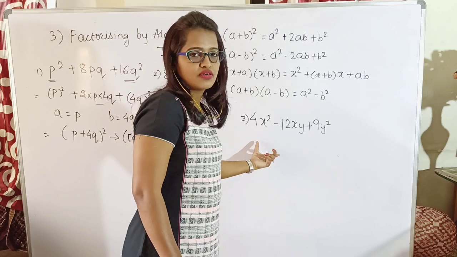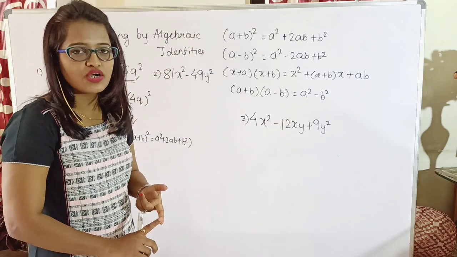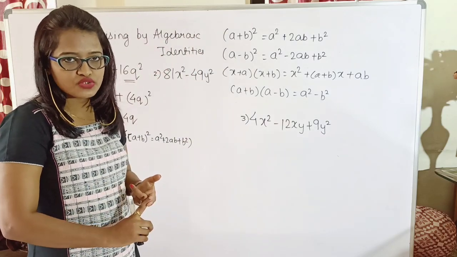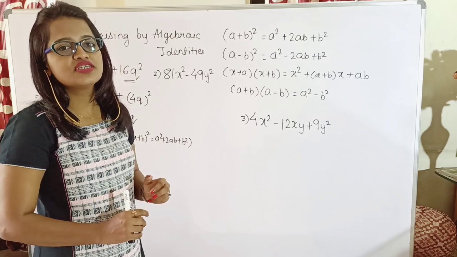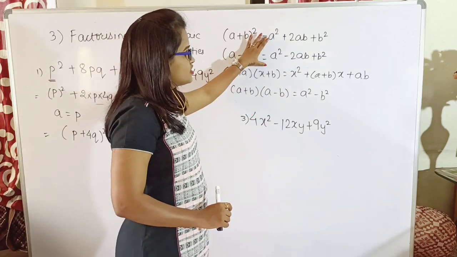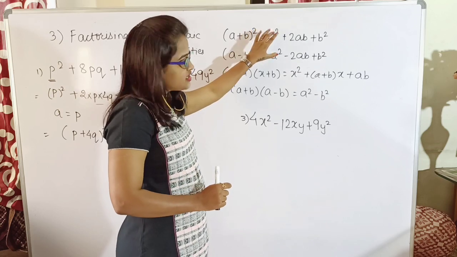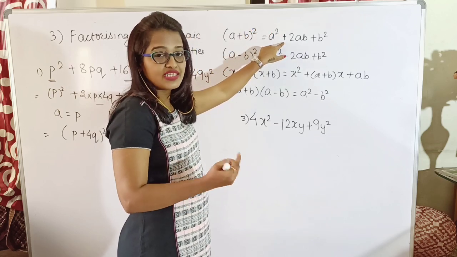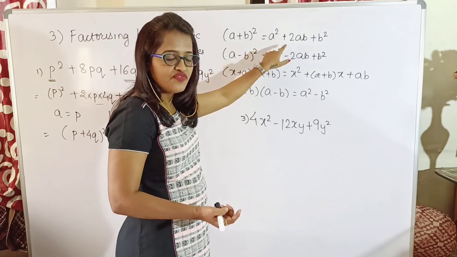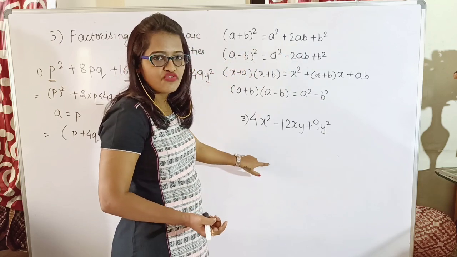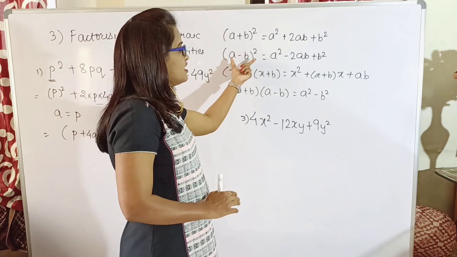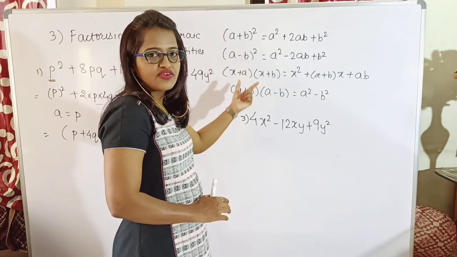So the condition is there should be three terms. Out of those three terms, two terms have to be squares, and if that condition is applicable, then check for these two identities. Try to represent it in the right hand side or the expanded form of the identities, and if it is similar to that form, then you can replace it with the left hand side. And that will be the factors.